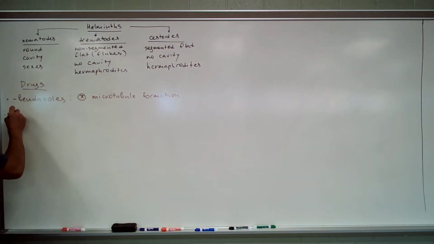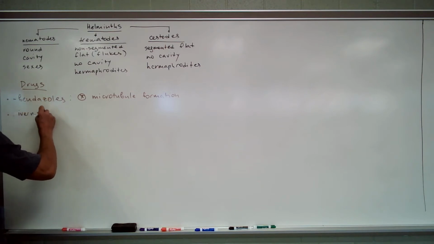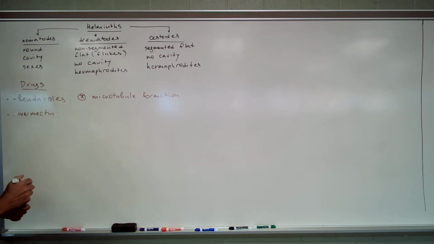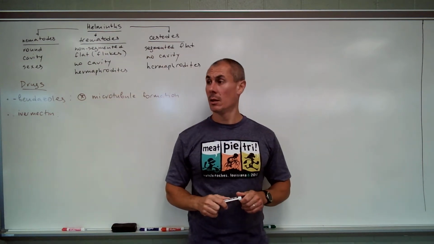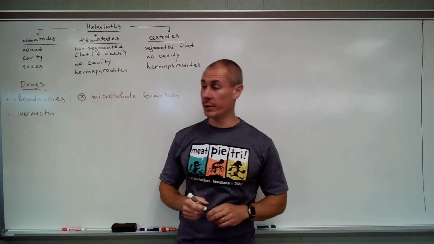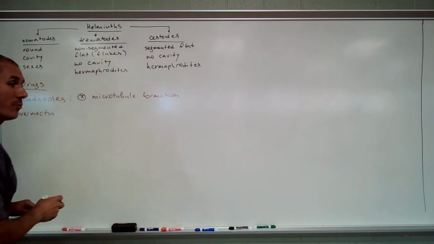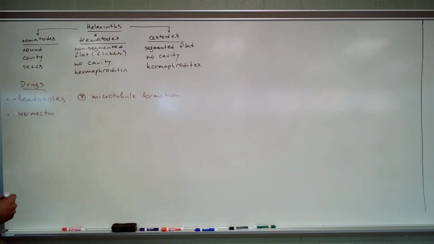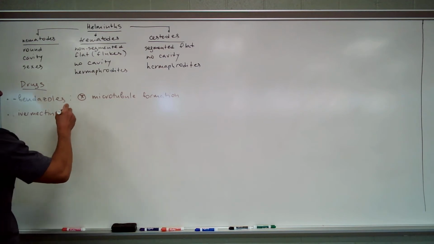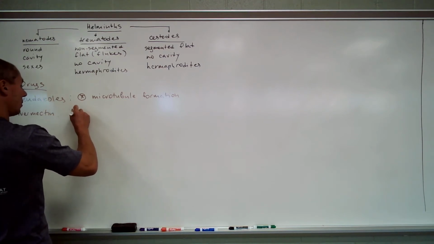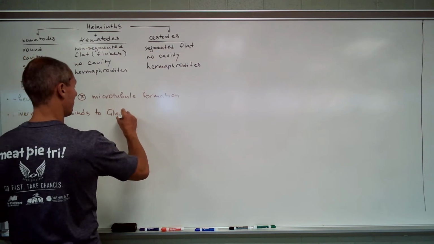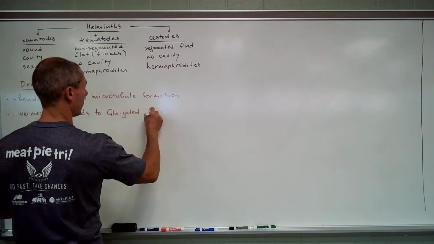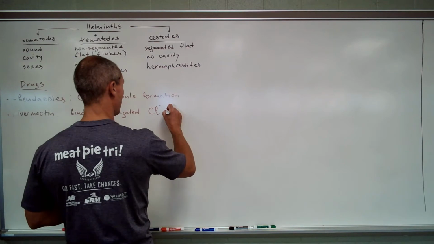Ivermectin. Nobel Prize in Physiology and Medicine, 2015, I want to say. A huge discovery, really. So the mechanism for ivermectin is absolutely stellar. The drug binds to glutamate-gated chloride channels.